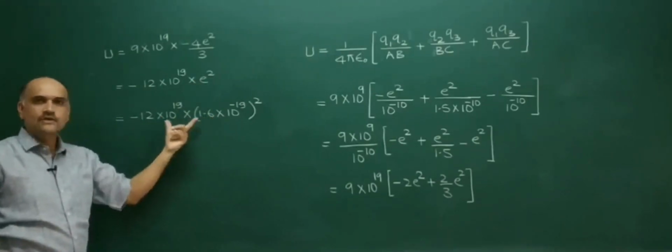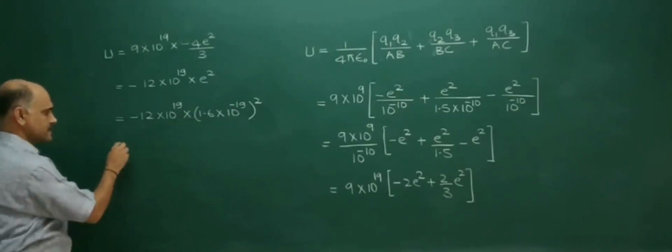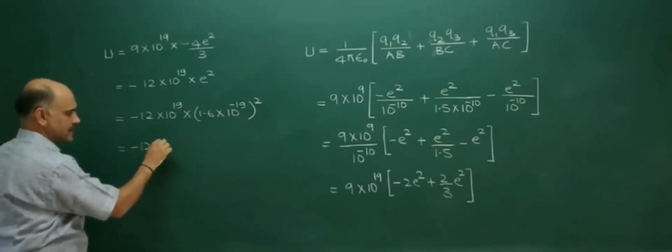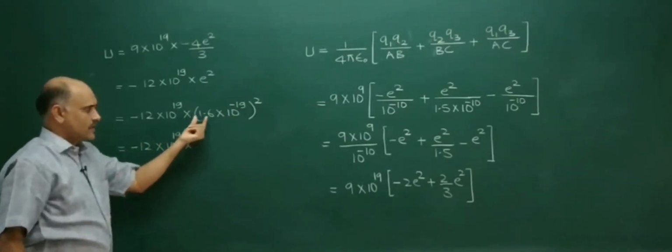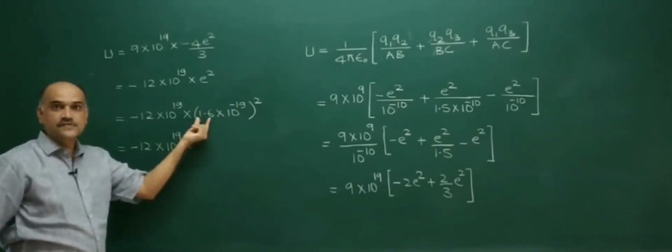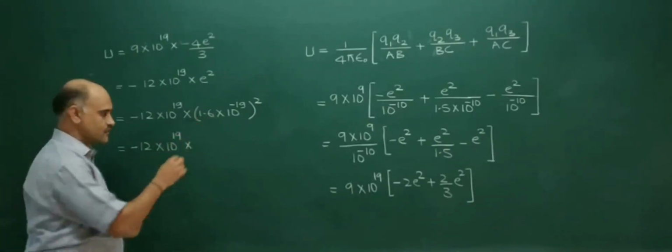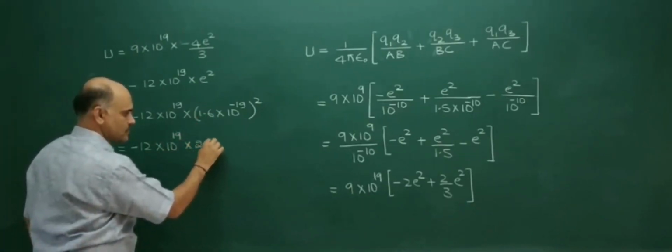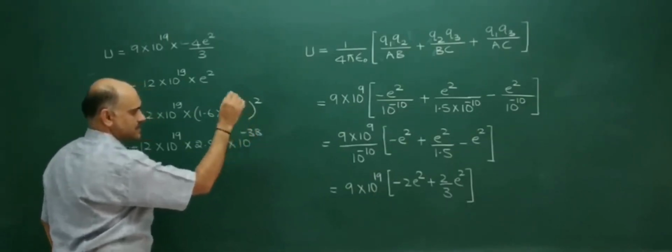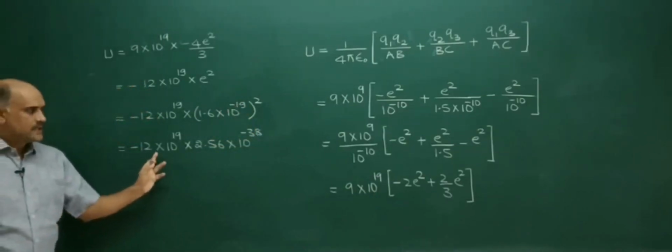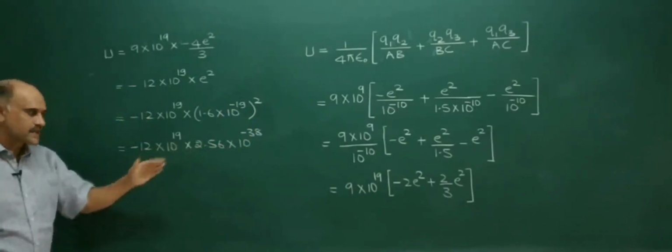Now using a calculator you can simplify this. So minus 12 into 10 raised to 19 into 1.6 square. 16 square is 256, so 1.6 square you will have 2.56 into 10 raised to minus 38. Now simplify this, students, using a calculator.